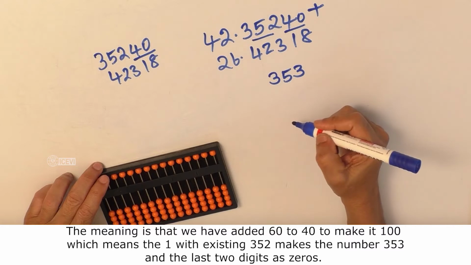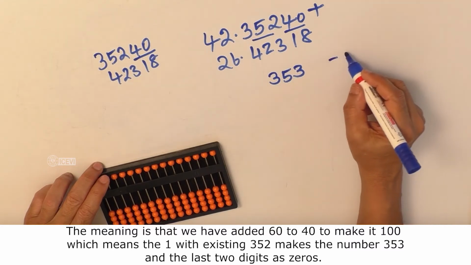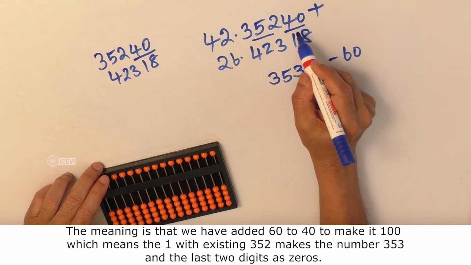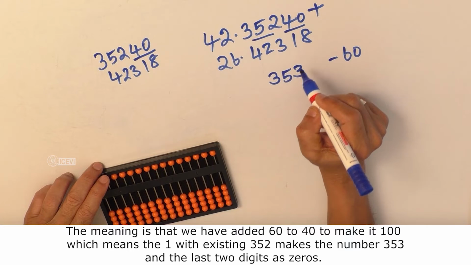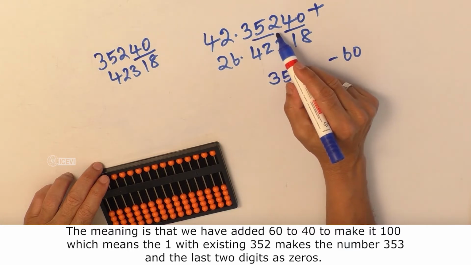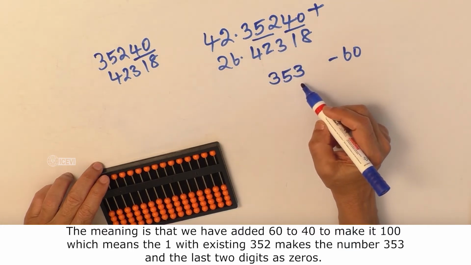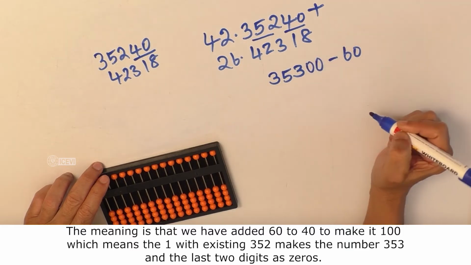The meaning is that we have added 60 to the 40, making it 100, which means the existing 352 makes the number 353 and the last 2 digits as 0.